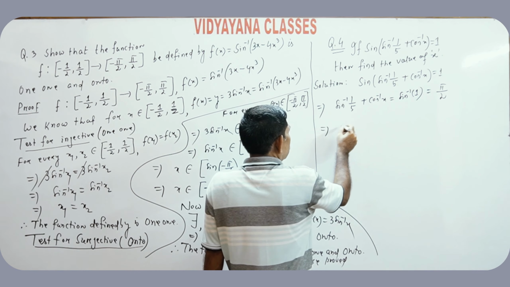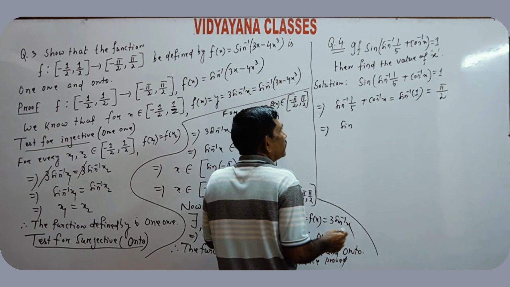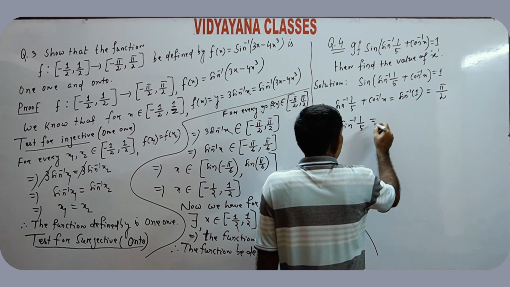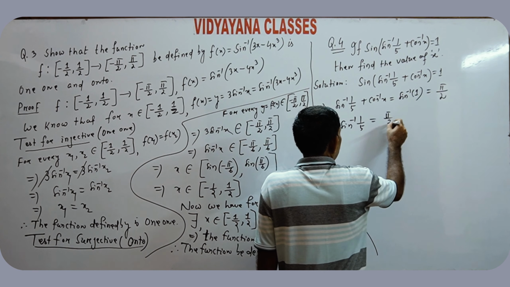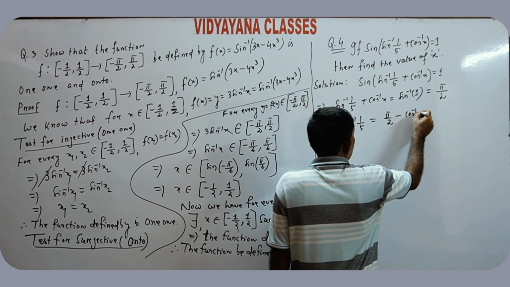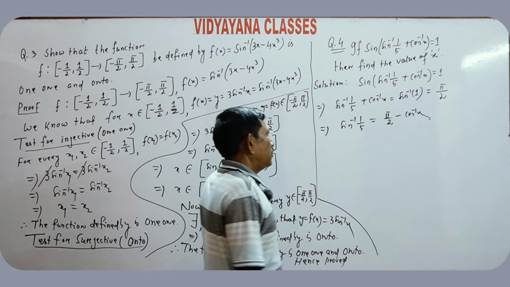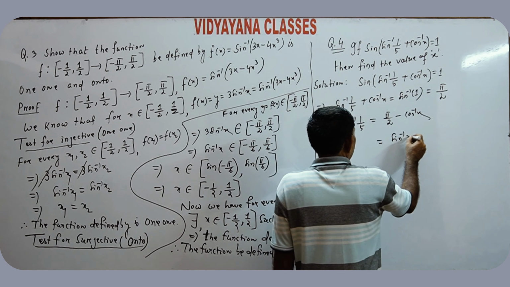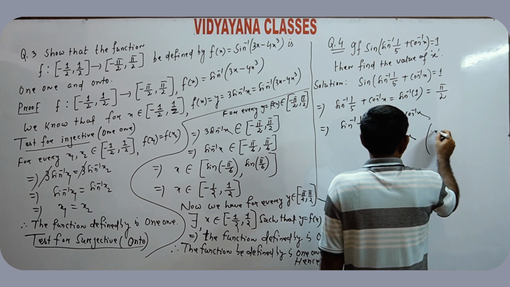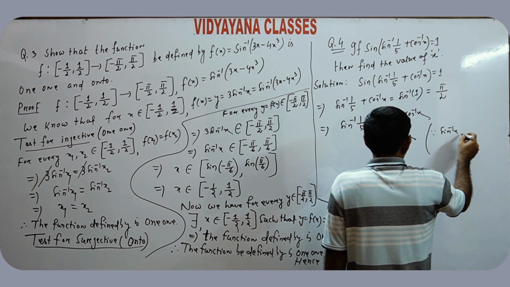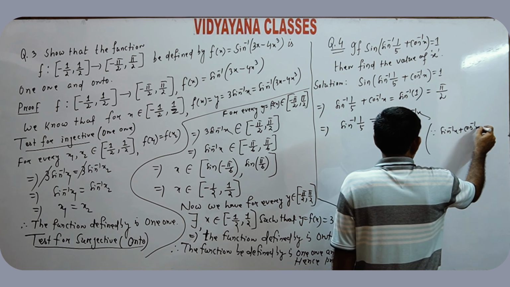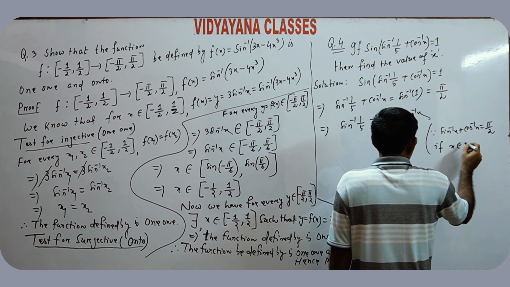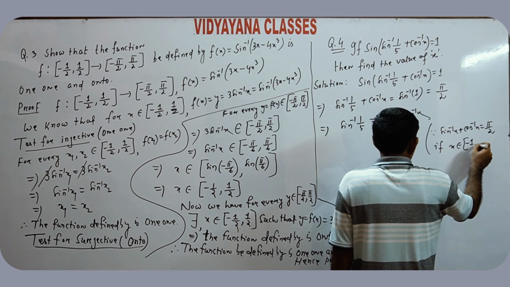Which implies sin⁻¹(1/5) is equal to π/2 minus cos⁻¹x, which is the same as sin⁻¹x, since sin⁻¹x plus cos⁻¹x is equal to π/2 if x belongs to [-1, 1].